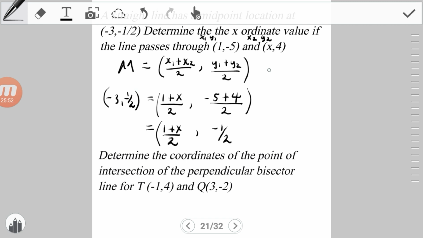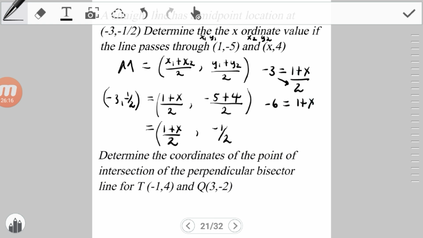So therefore we can set up an equation and we can say minus 3 is equal to 1 plus x over 2. And we can solve that equation to find the x ordinate value. So by cross multiplying here, we'll find that, hey, minus 3 times 2 is minus 6. And that's going to be equal to 1 plus x.